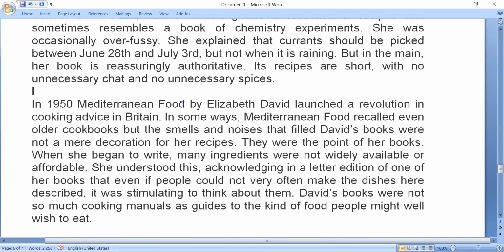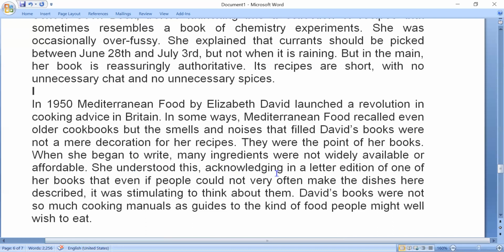In 1950, Mediterranean Food by Elizabeth David launched a revolution in cooking and food writing in Britain. In some ways, Mediterranean Food recalled even older books, but the smells and noises that filled David's books were not a mere decoration of her recipes. They were the point of her books. When she began to write, many ingredients were not widely available or affordable.